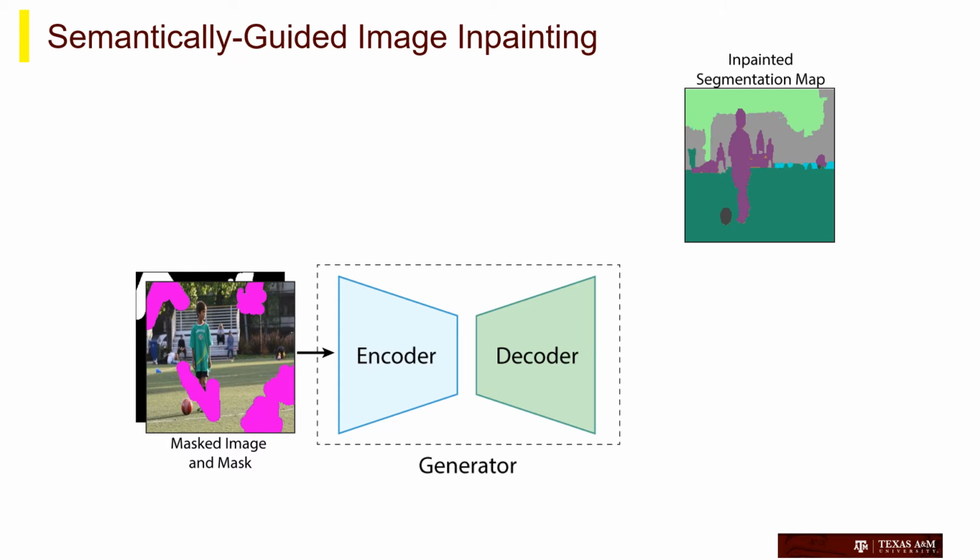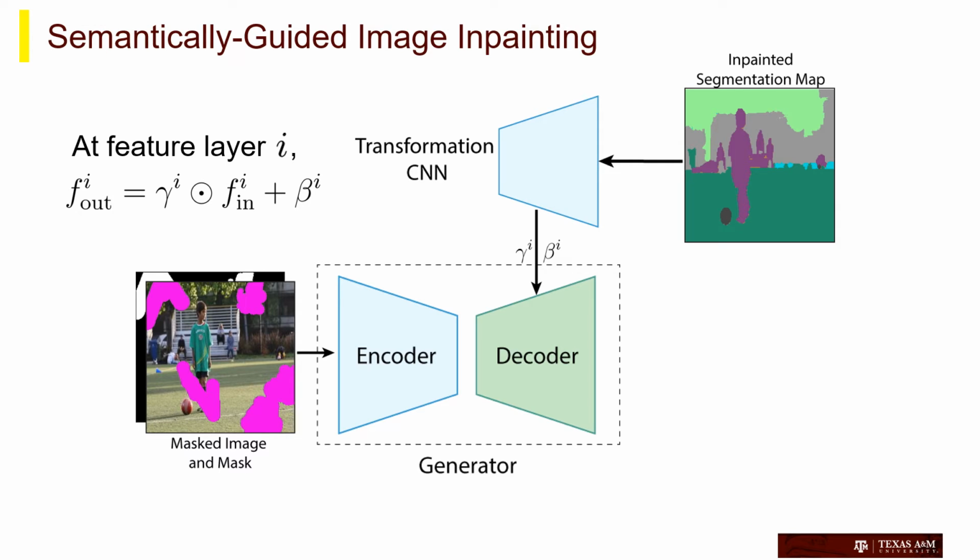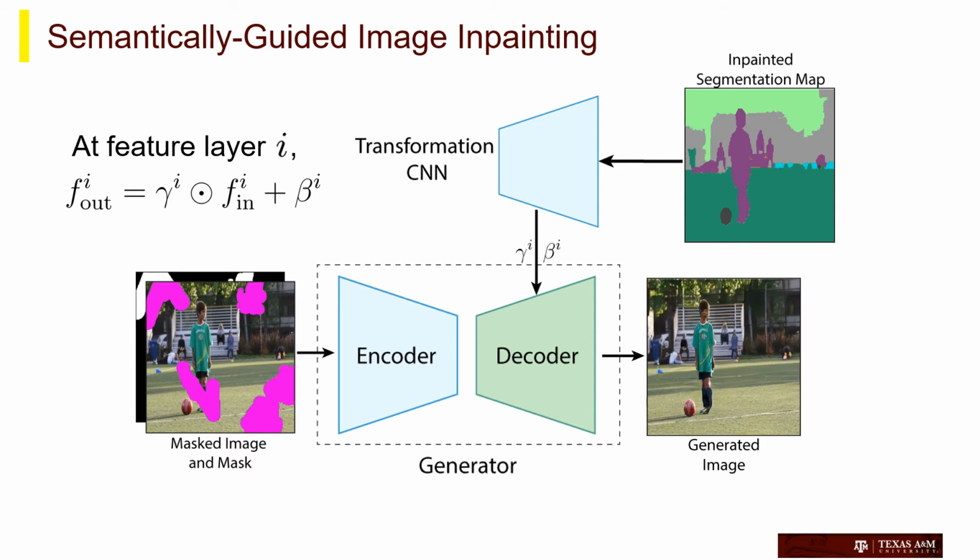The segmentation map is fed into the transformation CNN, which computes class representations across multiple resolutions. These are used to compute parameters gamma and beta, which are used in the decoder to condition the input image features. The generator then produces the output synthesized image.